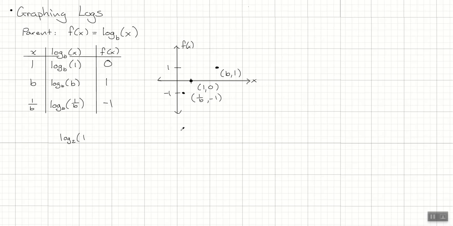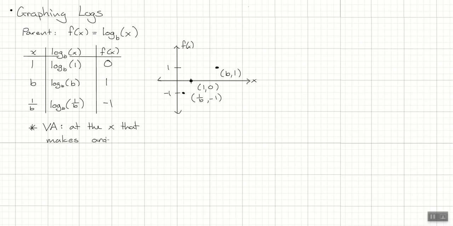Asymptote. So we're going to make 2 important comments now that you're back. These points, and then we'll come back to this graph. Every log function you ever graph, I have 2 huge pieces of advice. There is a vertical asymptote every single time at the x that makes the argument equal to 0.